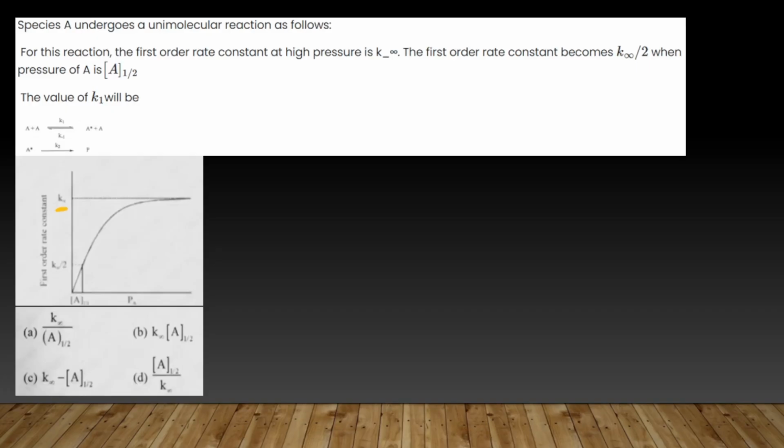So this is from the Lindemann mechanism of the unimolecular reaction that we have.